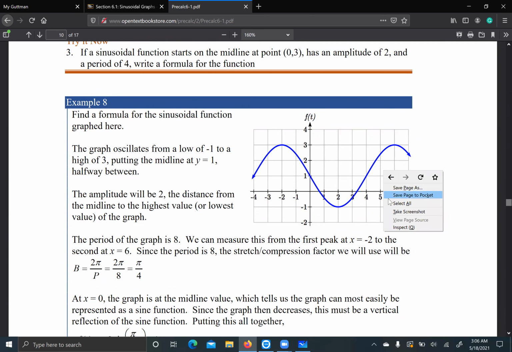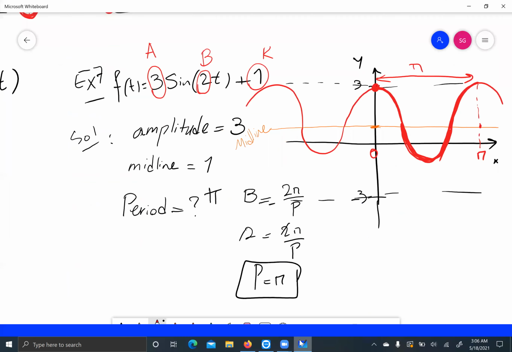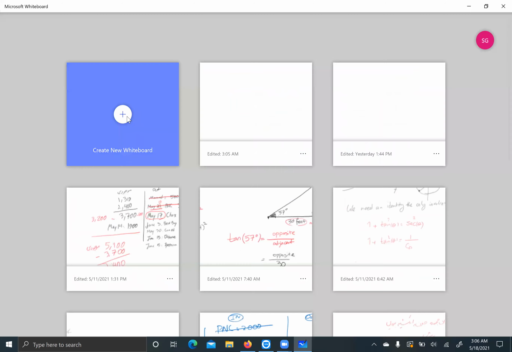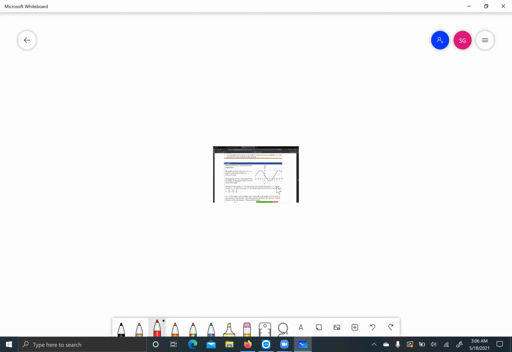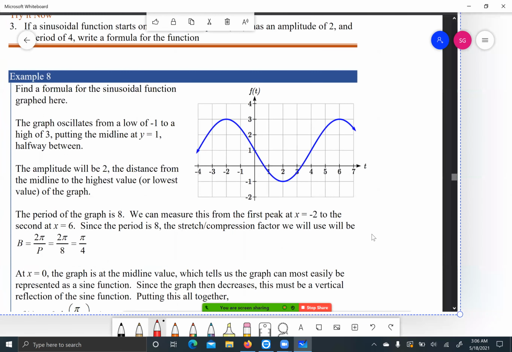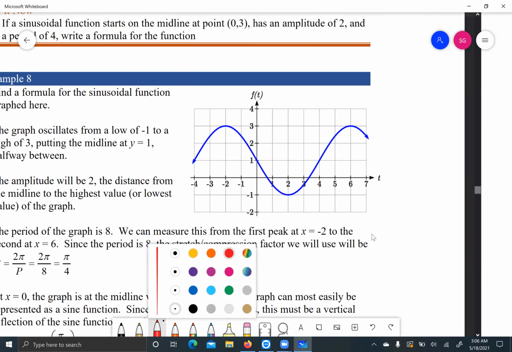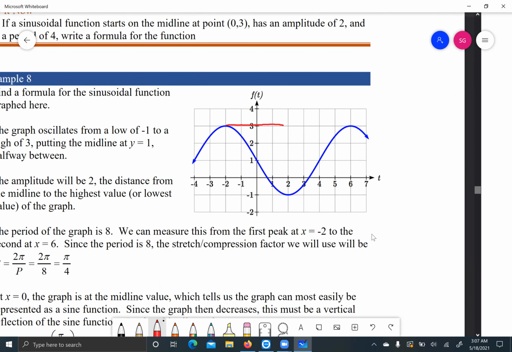I would like to explain this on the graph. Okay, look. So here the graph oscillates between -3 and -1.